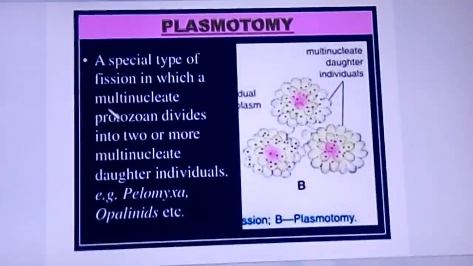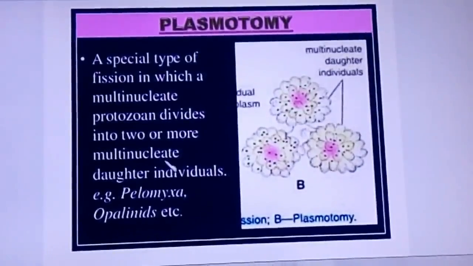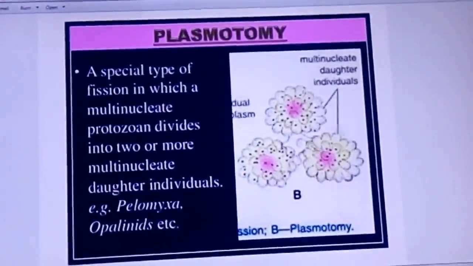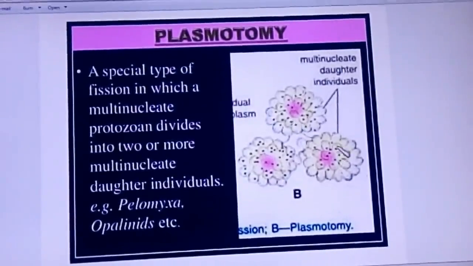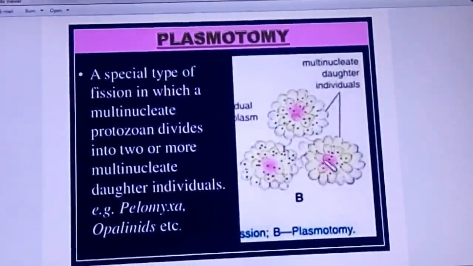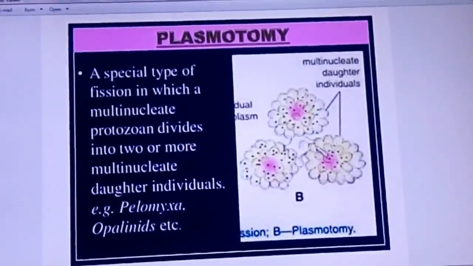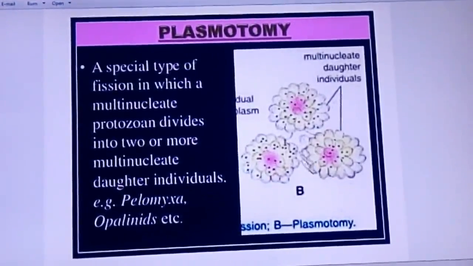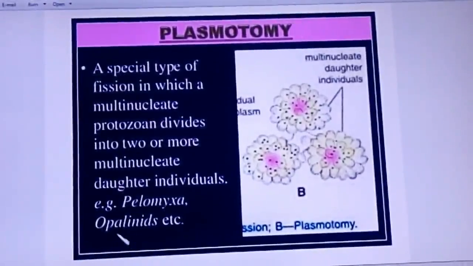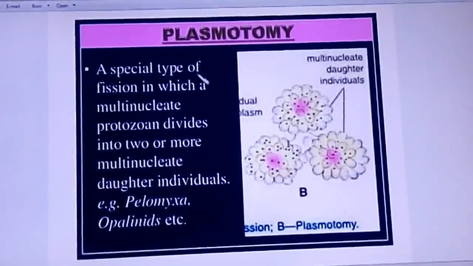This multinucleated protozoan divides into two or more multinucleate daughter individuals. We cannot say that both daughters possess the same number of nuclei, but later they get a constant number by nuclear division. Examples are Pelomyxa and Opalina. So this is an example for plasmotomy.